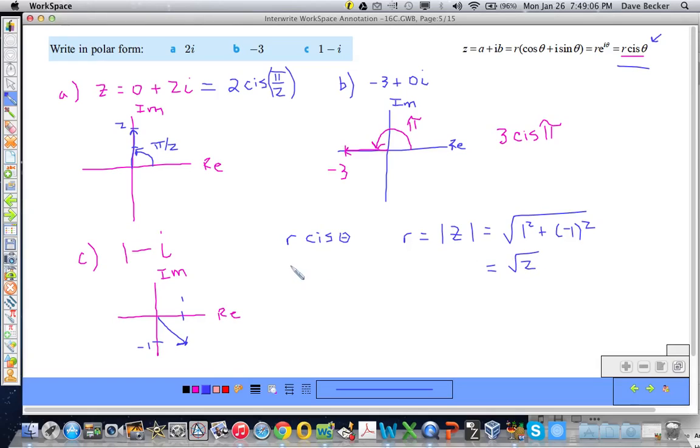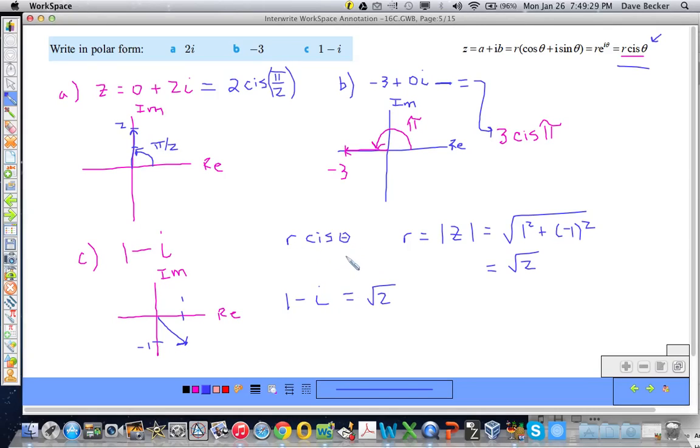So 1 minus i, oops, I should put an equal sign from here down to here, arrow connecting it. Sorry. So 1 minus i is equal to root 2, that's my r, cis of the argument.